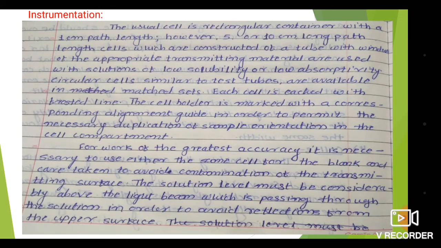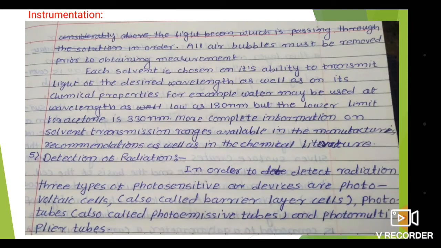So the solution level is what faces the path length or light path. All air bubbles must be removed prior to obtaining a measurement. So before doing the measurement, all the air bubbles must be removed.